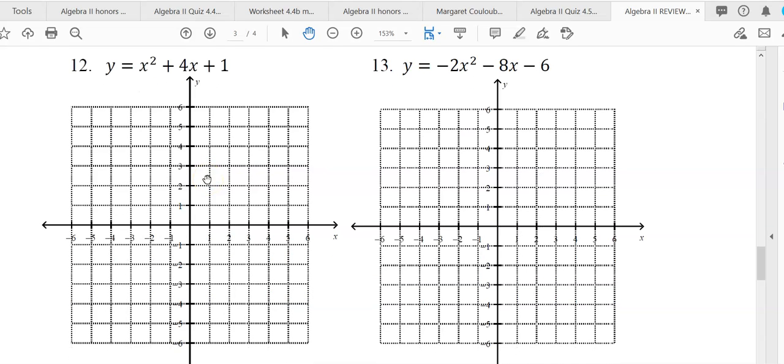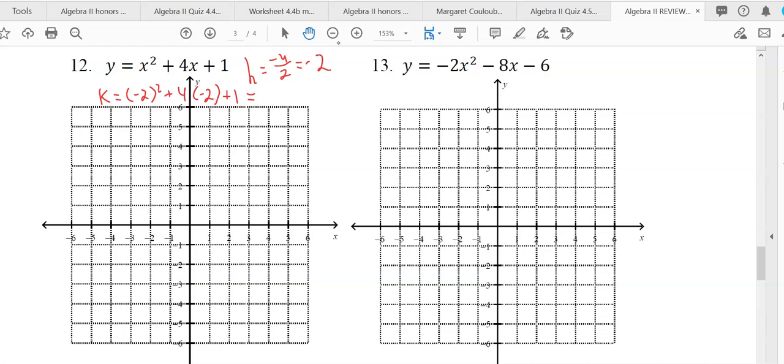So this one, I'm probably going to use the h equals opposite b over 2a method here. So h equals the opposite of b, which would be the opposite of 4, over 2 times a, which is negative 2 in this case. So we're going to plug that in for an x. So k equals negative 2 squared plus 4 times negative 2 plus 1.